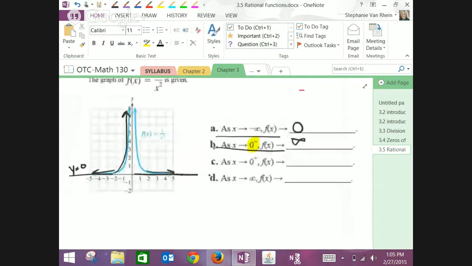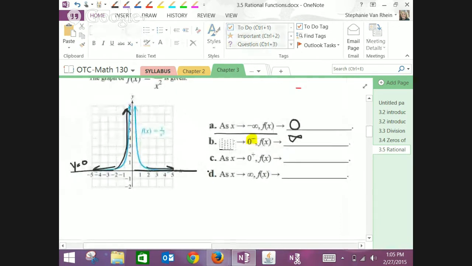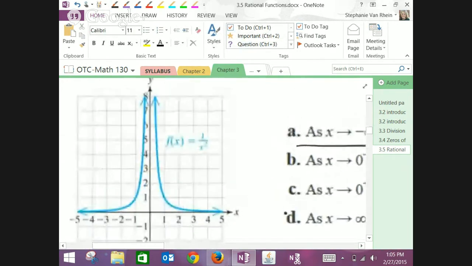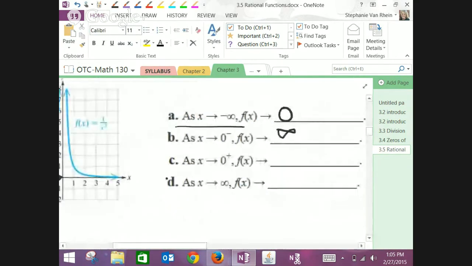So this is saying as x approaches 0 from the left, I'm looking on this graph, and I'll maybe pull up another example of this. I'm getting closer and closer to 0 from the left, but I never equal 0. So my output here is 2, 3, 4, 5, 6, 7, and I'm approaching infinity.